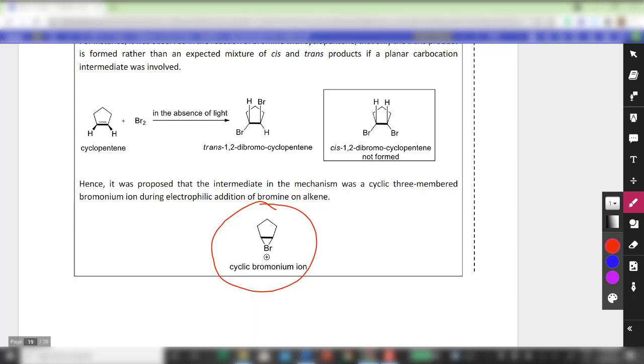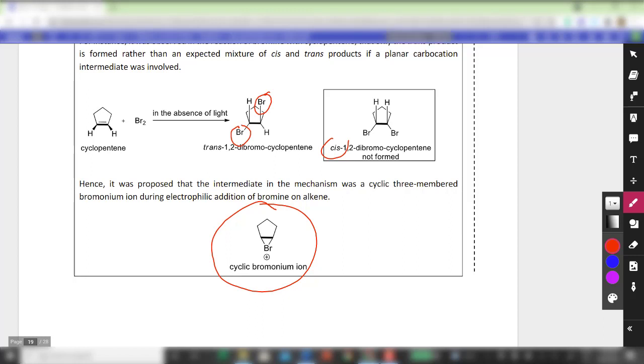This cyclic bromonium intermediate is able to lock the stable chemistry such that when the bromide approaches it, it will approach it from the opposite side. That is why people notice that electrophilic addition of halogen is what we call a trans addition rather than a cis addition.